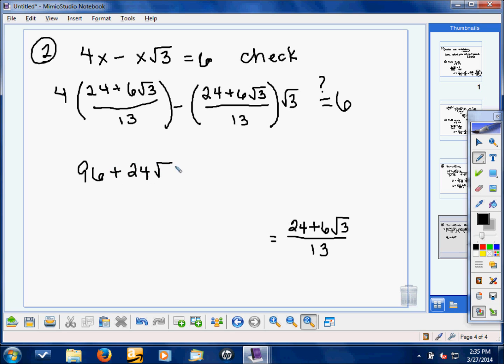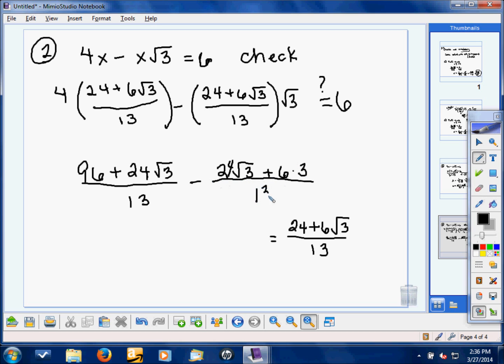You know what's convenient is everything's over 13. Okay, so that actually really is convenient because we're going to bring it over 13 in a minute, but I have minus here, square root of 3, so 24 square root of 3, plus, what is 6 square root of 3 times square root of 3? 6 times 3, which is 18, right?